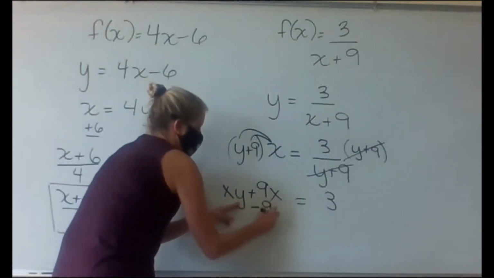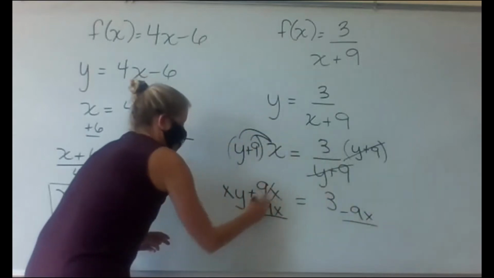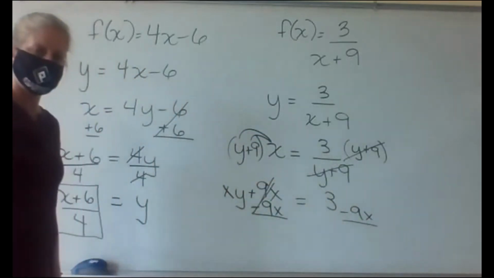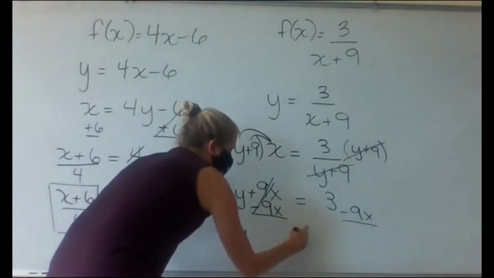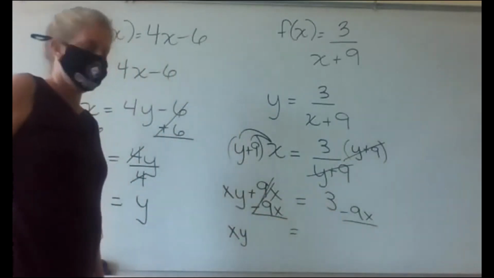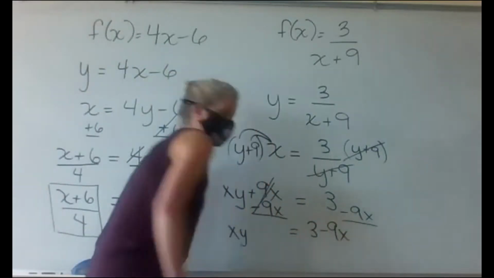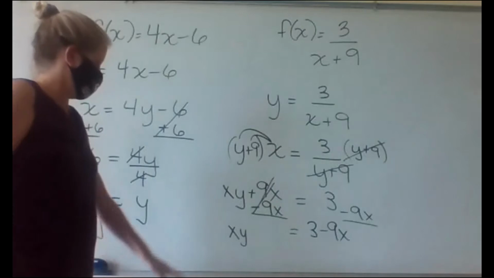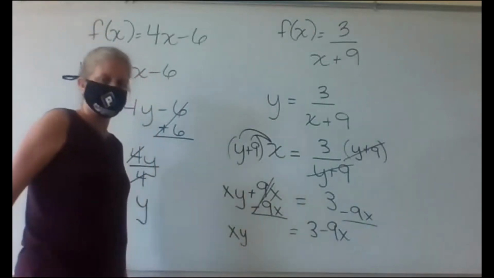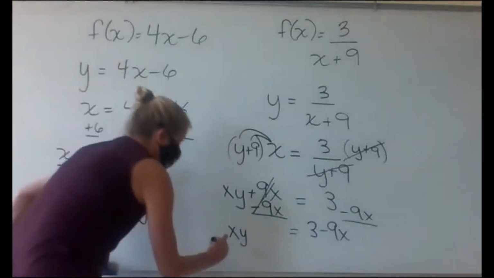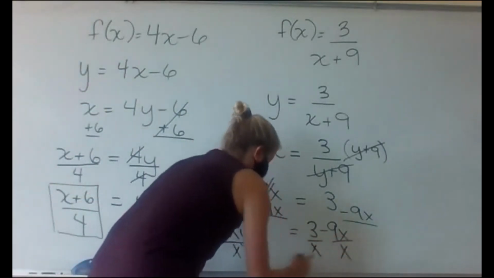I need to subtract the 9x. So now what do you have? On the left, getting closer, I just have xy equals, on the right, I've got 3 minus 9x. So now getting y by itself, the only thing that needs to go away now is that x. Since it's hooked on, I'll divide everybody by x to see what I get.